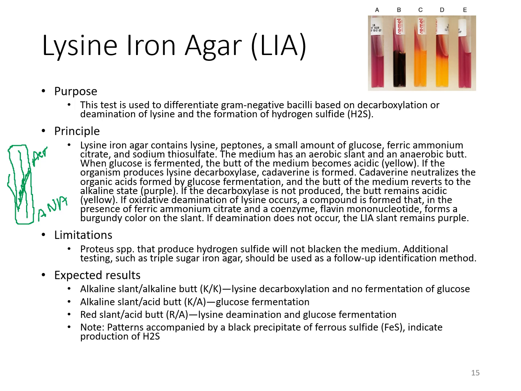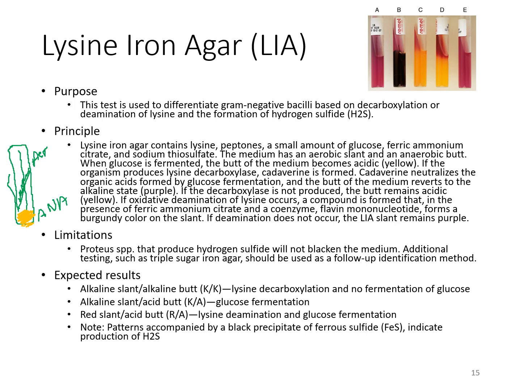If the organism is able to ferment glucose, then it will start to create an acidic environment at the bottom, and it will turn yellow. If the organism is able to produce the lysine decarboxylase, then it will form cadaverine, and that will neutralize the organic acids that happen with the glucose fermentation.